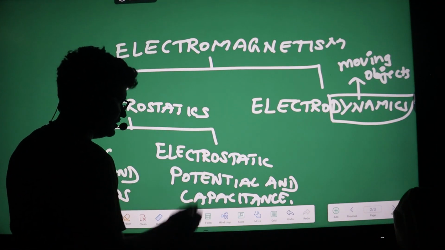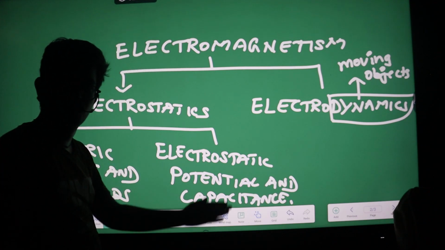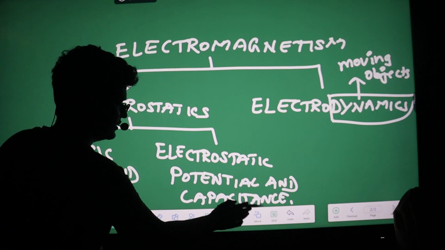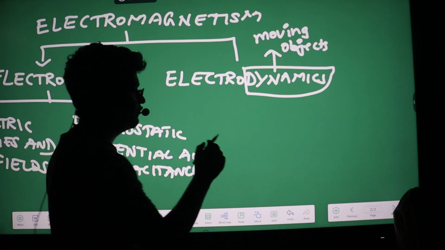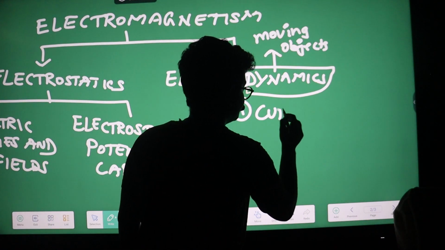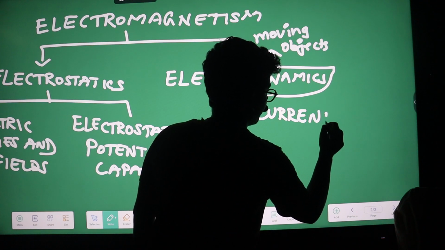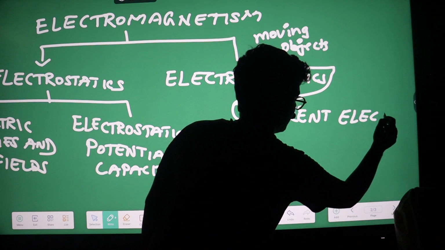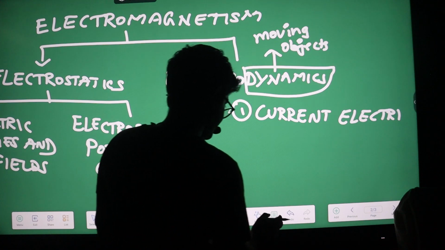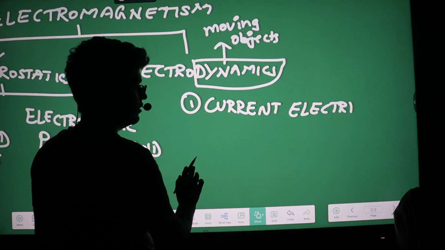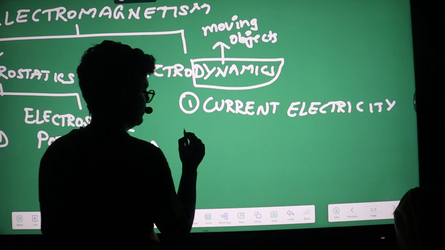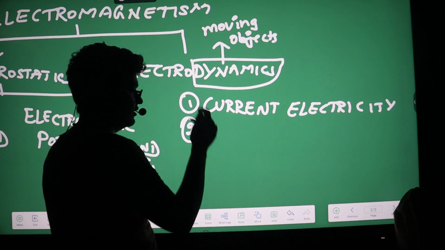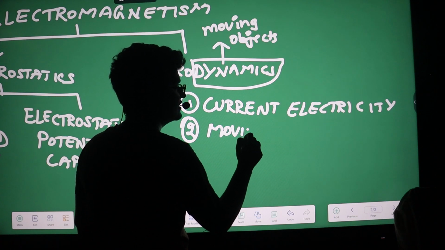In electrodynamics there are so many divisions. I will write it down here. What are the things we are going to study in electrodynamics? First one is current electricity. Second one is moving charges and magnetism.